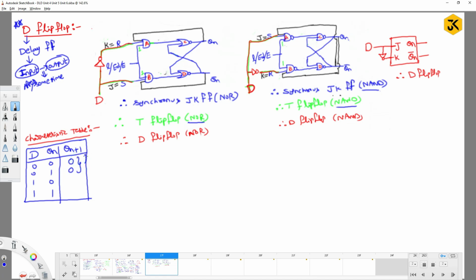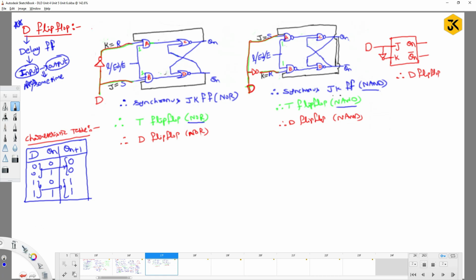I can say that it's a kind of reset mode. Similarly, here the Qn plus 1 values are 1 1, right? You can observe that when 0 is there, the next state will be 0. When 1 is there, the next state will be 1. So this is the meaning of the D flip-flop, right?